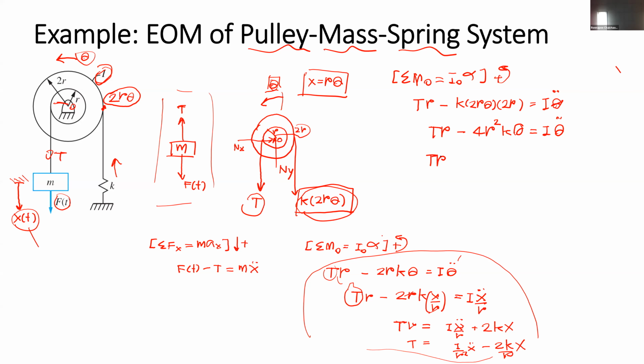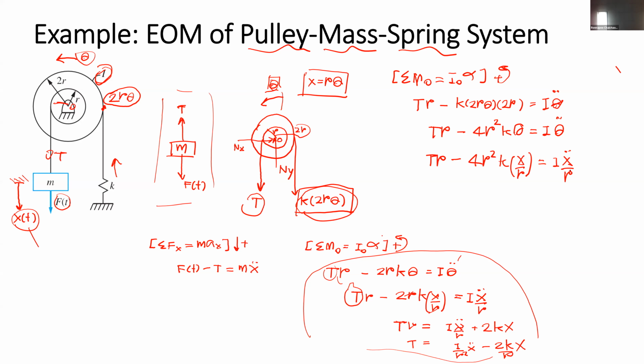So TR minus 4r squared k times theta, which is x divided by r, is equal to I x dot dot divided by r.